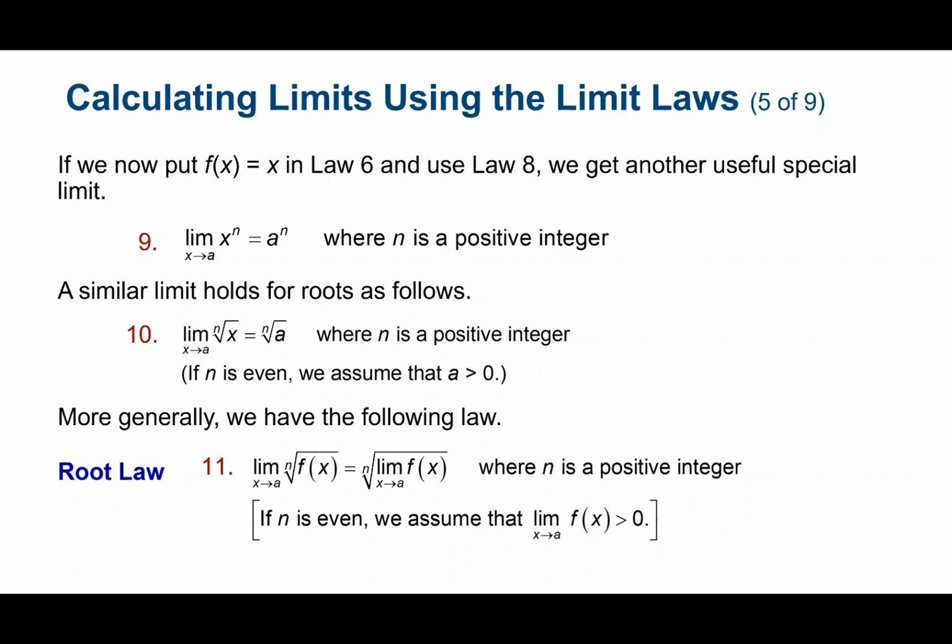If we apply the power law there, we get number 9, which is really helpful. It says the limit as x approaches a of x to the n. How do we find that? We just take whatever number we're approaching, that's the limit of x, and raise that to the n power. Really useful.